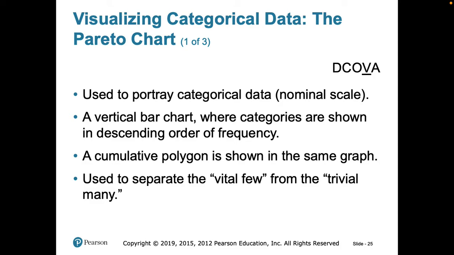Basically, it's just a vertical bar chart where categories are shown in descending order of frequency. And then you have the cumulative polygon shown in the same graph and used to separate the vital few from the trivial many. So that's basically trying to represent that 20% of the causes causing 80% of the effect.